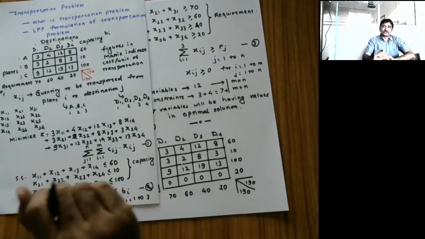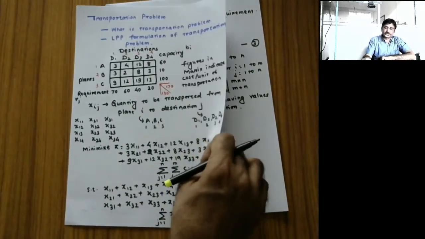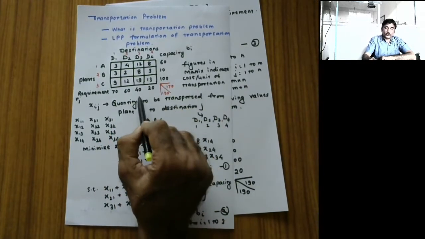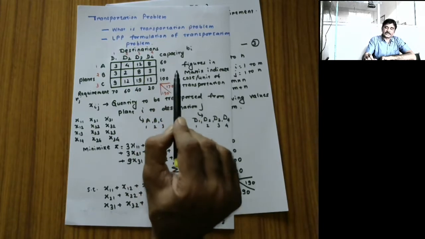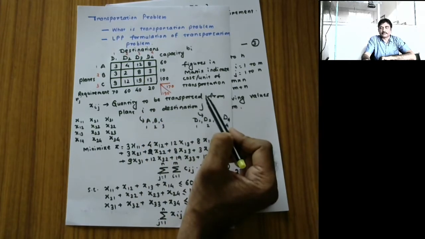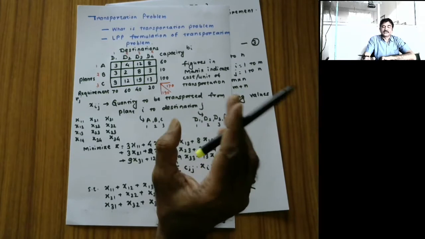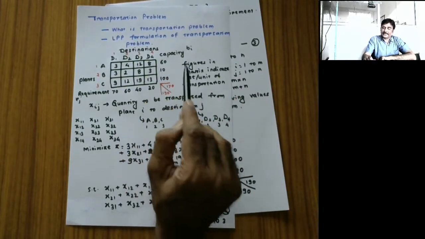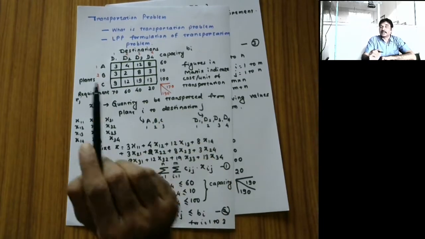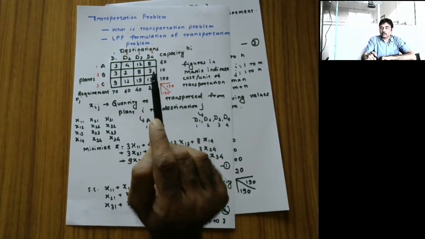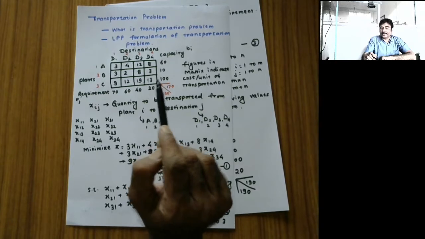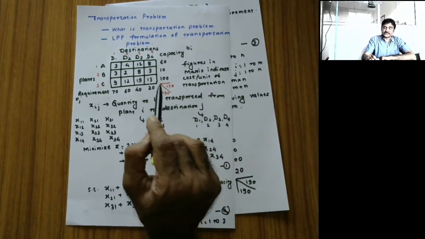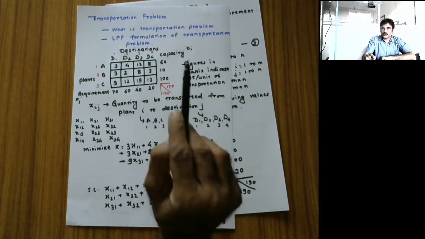Now what if the case would have been otherwise? Otherwise means you would have had the sum of the requirement equal to 170 and sum of the capacity equal to 190. In that case, to balance the capacity and requirement, you will be adding the dummy column. Whatever is short, if requirement is short, you add a dummy column, and if the capacity is short, you add the dummy row.